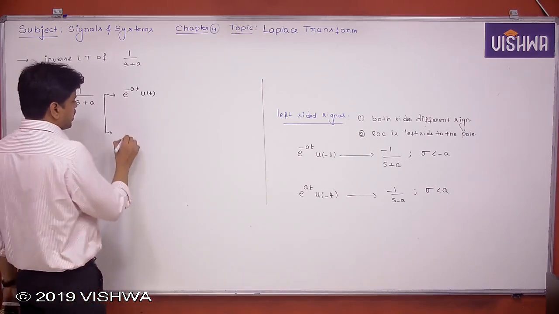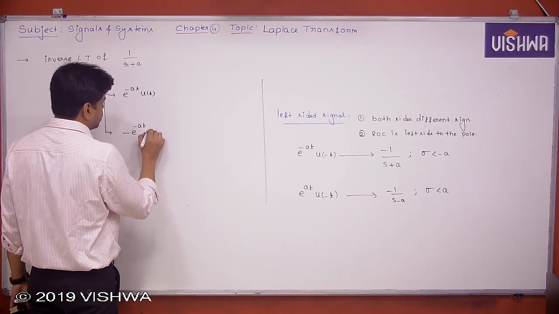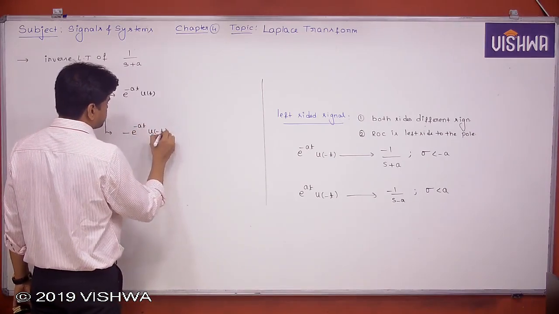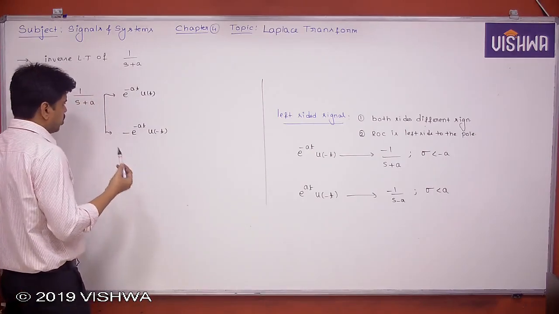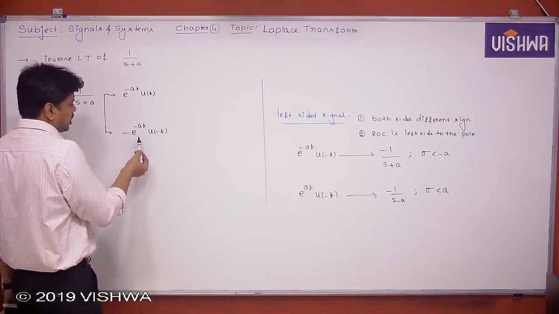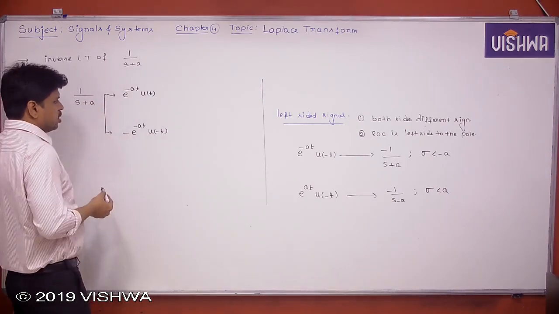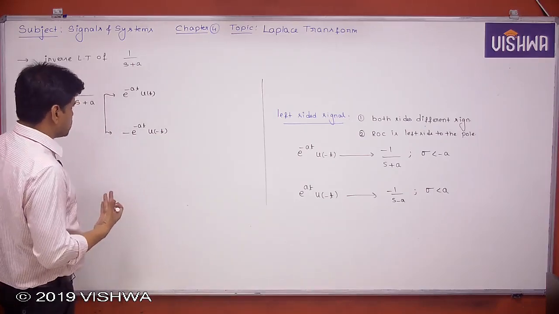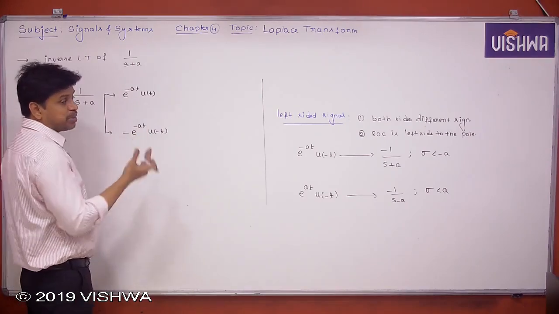What if I say minus e power minus at u of minus t? I told you, whenever you see e power minus at, then it has to be 1 by s plus a. And because it is a left side signal, we have to change the sign. So here it is minus, here it is plus. So we are going to get 2 answers, depending on ROC.